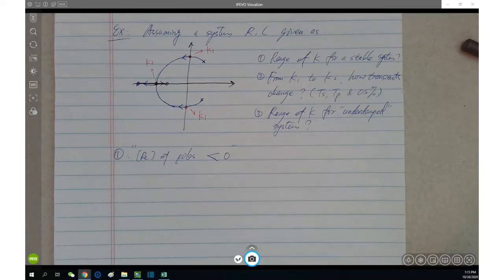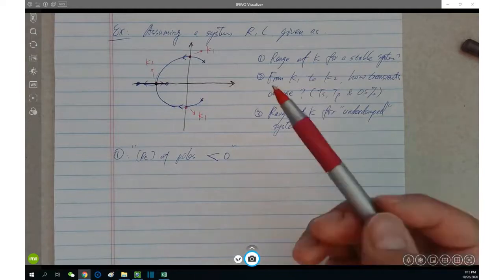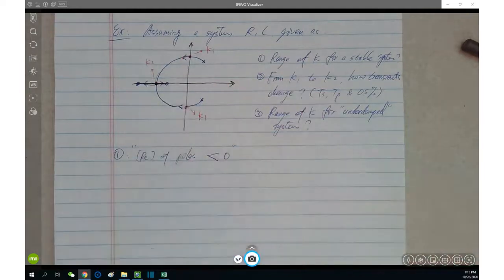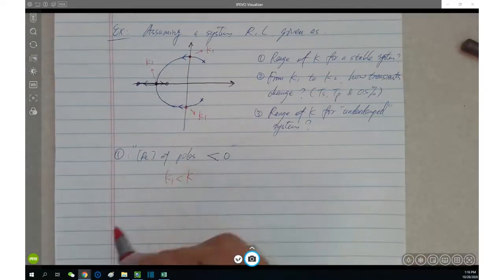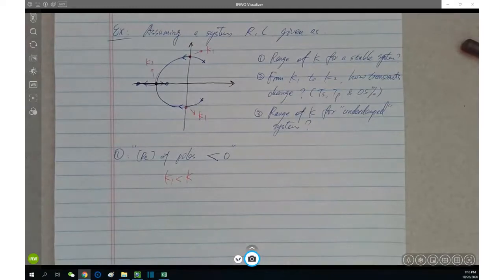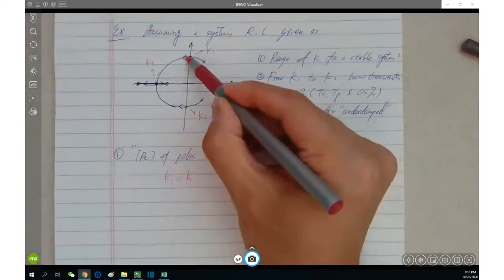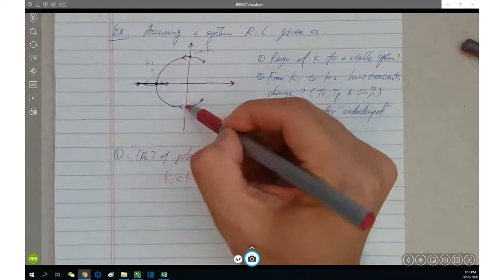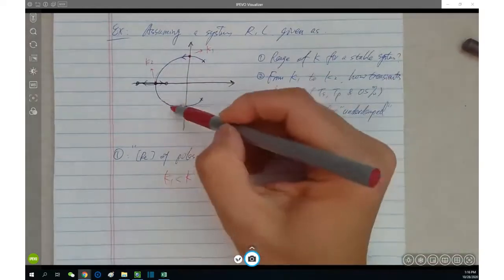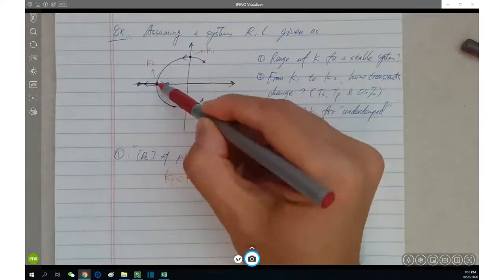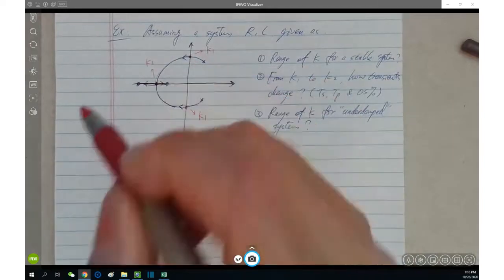So how to make the poles fall into the left half plane? First, your K needs to be beyond K1. After beyond K1, it starts to move in the left half plane. It keeps moving to here, and then it splits, ending here and here.